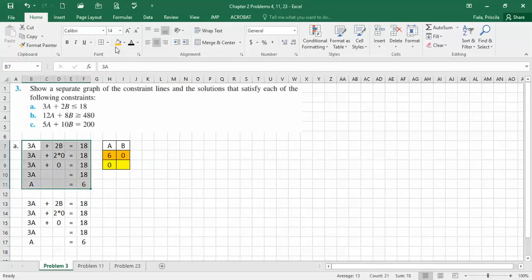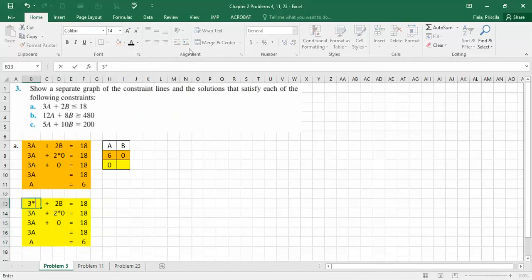So now when A is 0, you have 3 times 0 plus 2B is equals 18, to solve for B. 3 times 0 is 0 plus 2B, right, equals 18. So 0, which you have already determined, is nothing. So 2B is equals 18.